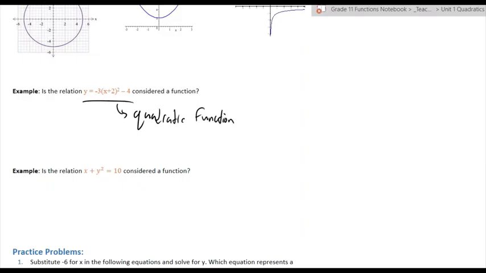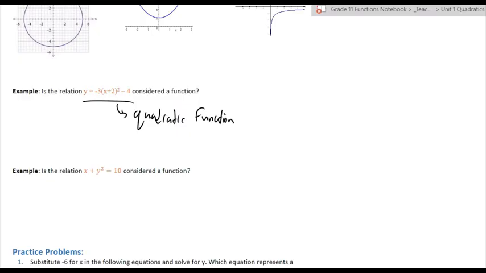However, in other cases, we may not be familiar with the form. So for example, here we have x plus y squared equal to 10. Is this a function? Now, since we're not too familiar with this particular form, let's actually test this out. For any relation, we can check if it follows the one-to-one relationship for x to y.